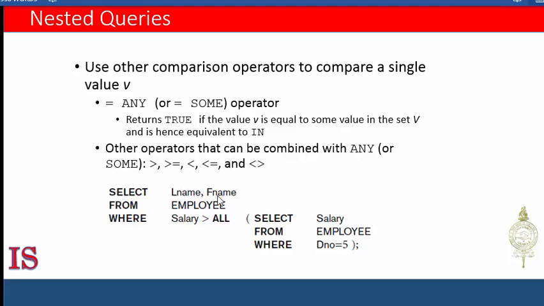SELECT last name, first name FROM EMPLOYEE WHERE salary > ALL, then we open up another select statement: SELECT salary FROM EMPLOYEE WHERE department number = 5, close paren. So this query will give us a list of all the employees who make more money than everybody from this query.